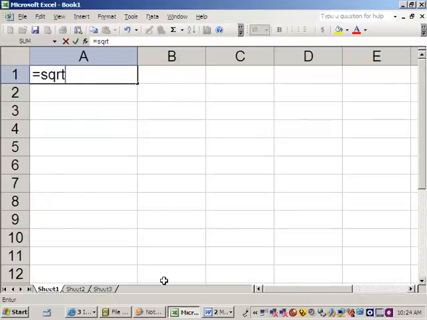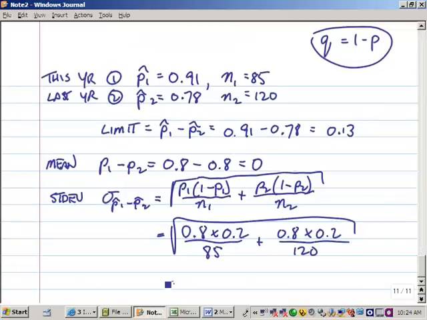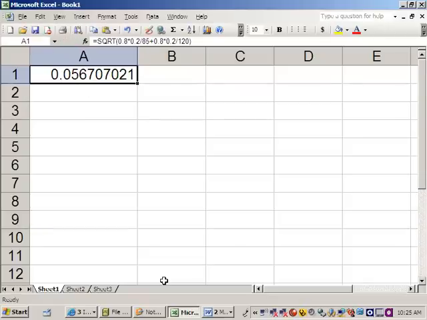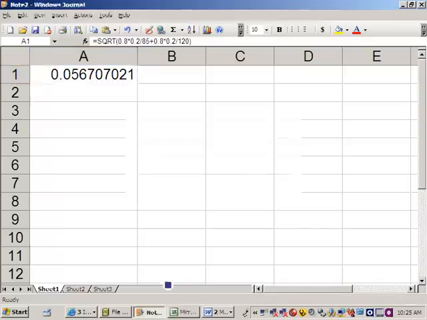Equals the square root of 0.8 times 0.2 divided by 85, plus 0.8 times 0.2 divided by sample size n2 of 120. And so the answer to that is 0.05671 to 4 significant places.